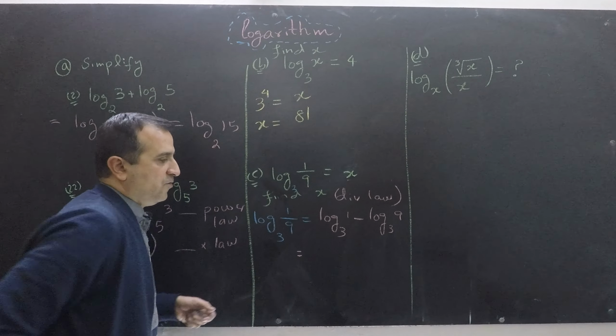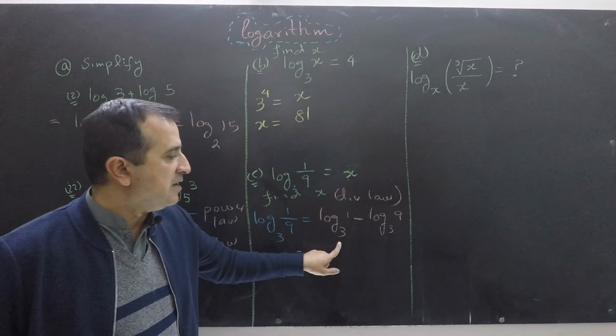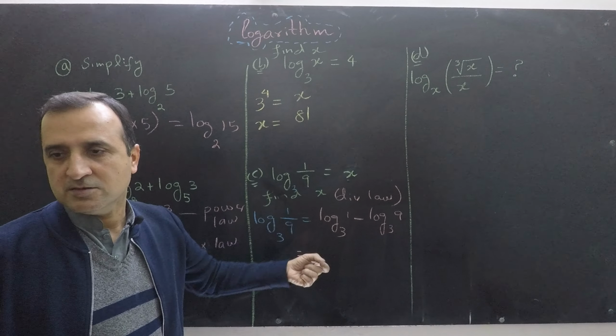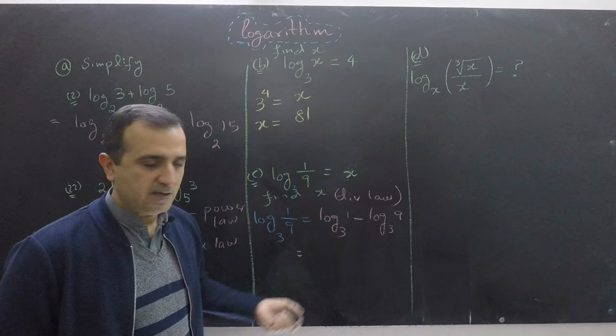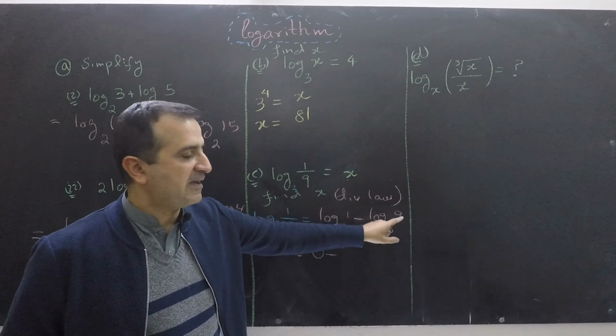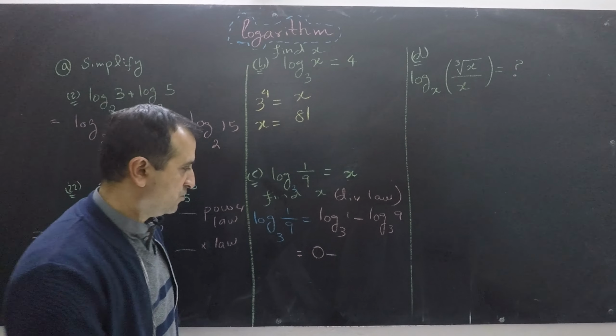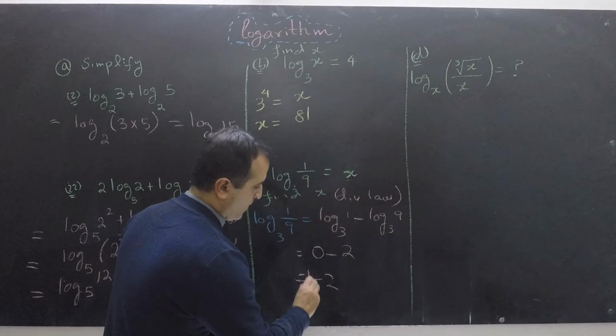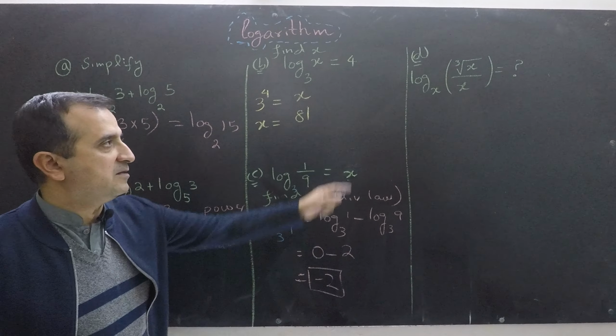And what power on 3 will give me 1? 0. So this will be equals to 0. And what power on 3 gives me 9? 2. So answer is minus 2.